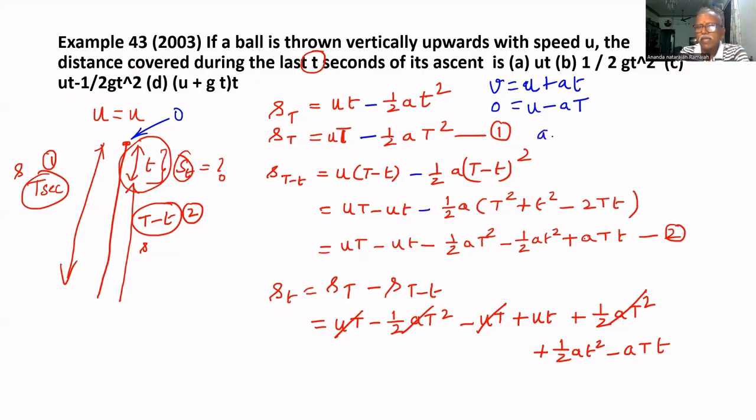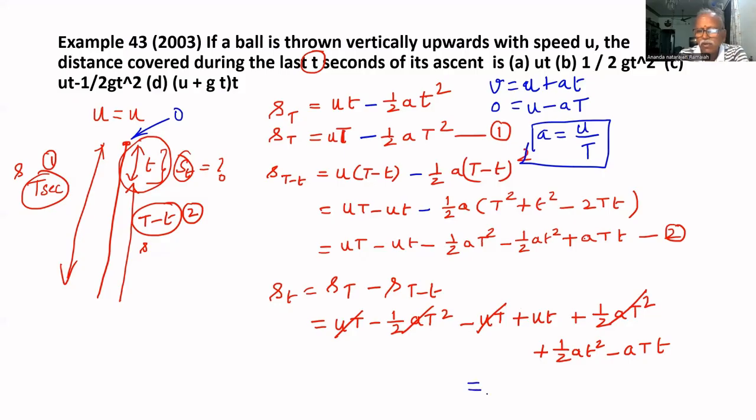Therefore, a equal to u divided by t. Acceleration equal to u by t, because a is not given here. A should not appear in the answer, that's why we have to enter like this.